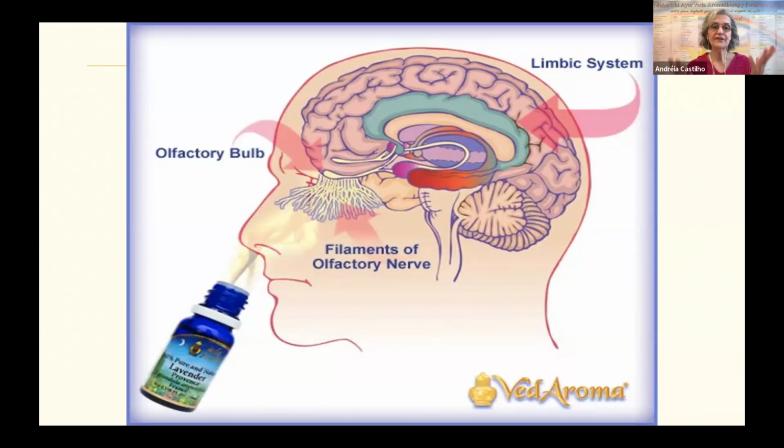Because these aromatic molecules are made of chemical compounds which are very, very small, and have a special kind of configuration, they cross the blood-brain barrier, which exists to protect the brain from any harmful substances.